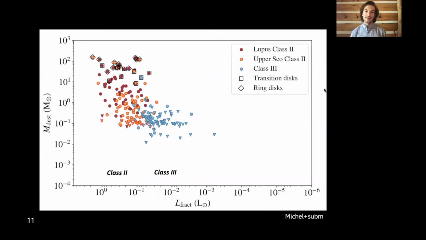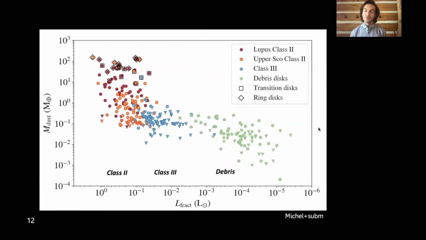We can then add in our class 3 disks, which emerge from the lower mass region in the class 2 phase, and then spread out in the fractional disk luminosity regime. Later on, when we add the debris disk sample, we can see that these extend much further down into both the millimeter dust and the fractional disk luminosity.